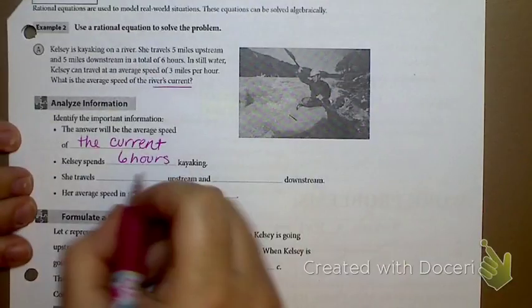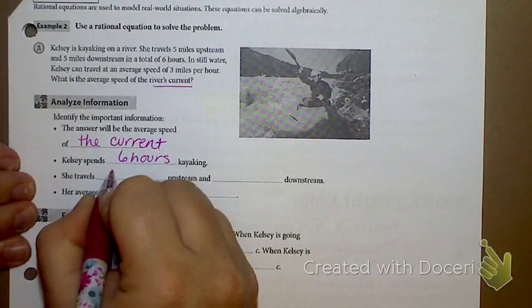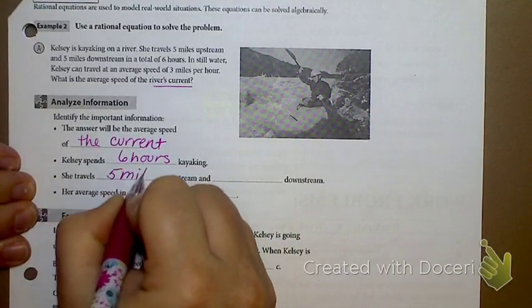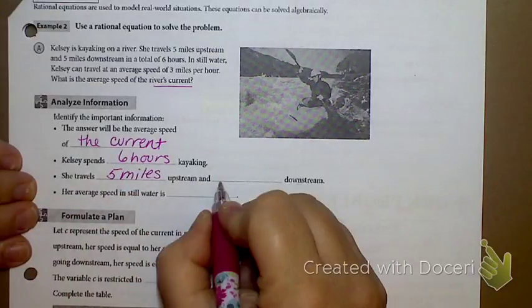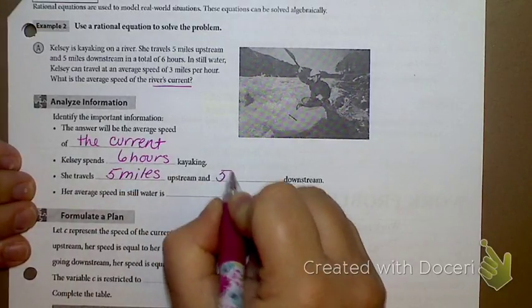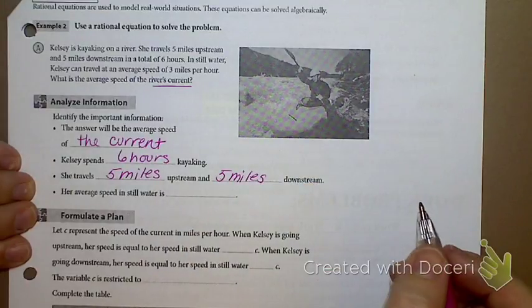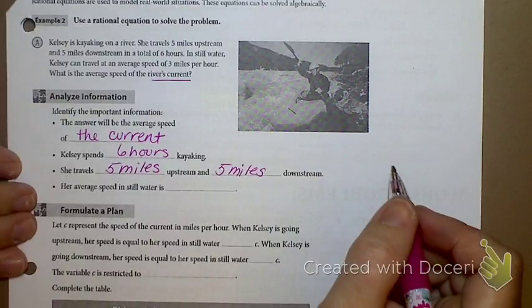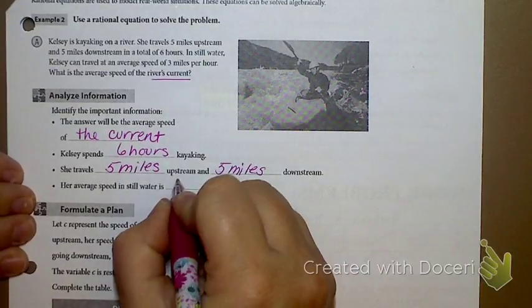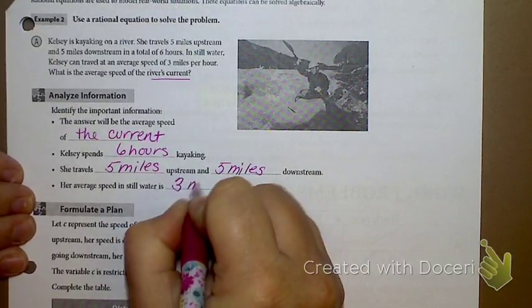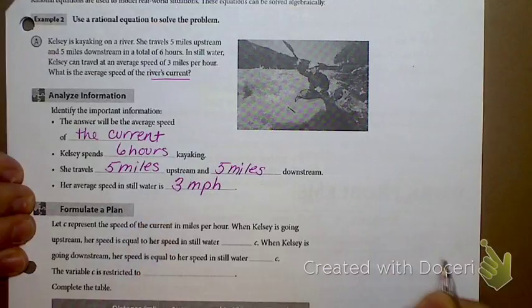She travels how far upstream? 5 miles upstream. And how far downstream? 5 miles. Hopefully that makes sense, because if she's traveling 5 miles away, she should travel 5 miles back to get where she started, right? Her average speed in still water is 3 miles per hour.